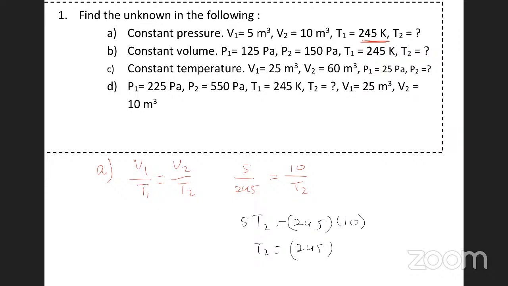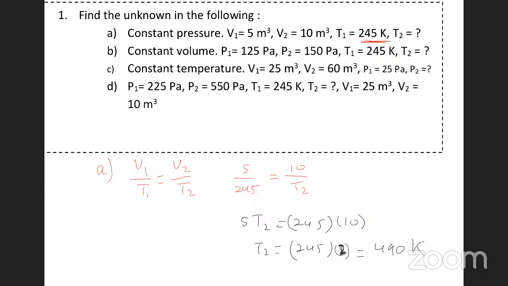Oh, sorry, Chloe. So T2 will be 245 by 10 divided by, which is 5, right? So I carry across the 5. How much is that? Sorry, it should be 2. Right? So that's what, 490 Kelvin?